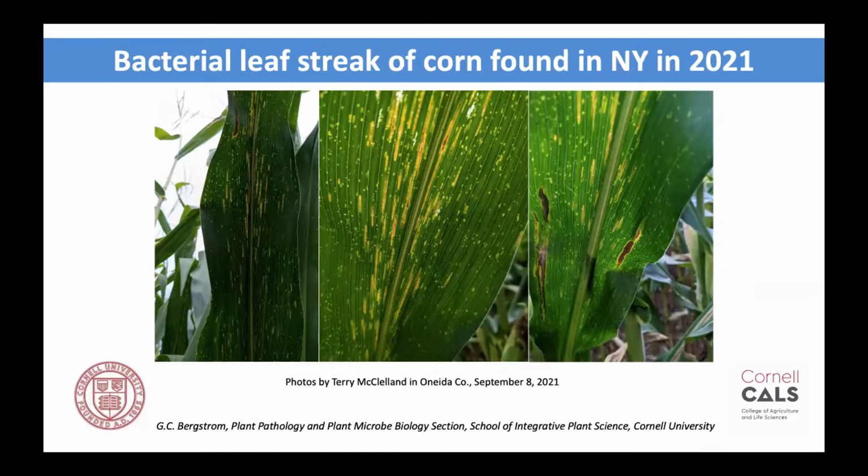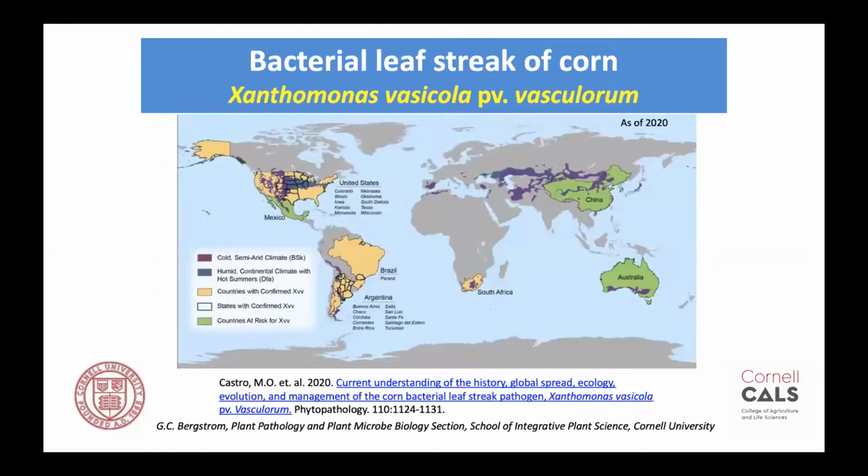I think at its early stages, it could be confused with things like gray leaf spot and northern corn leaf spot. You see these linear lesions between the leaf veins, and I'll show you some close-ups of that in a minute.